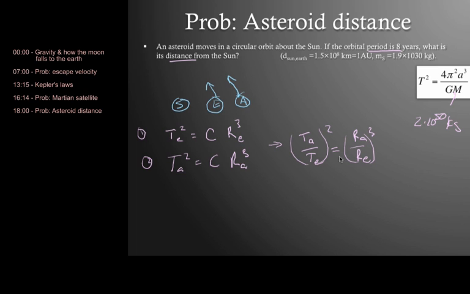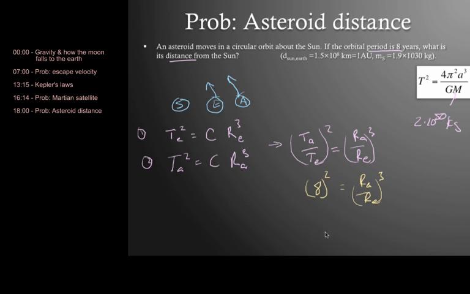What I know is that the orbital period of this guy is 8 years. So what is the orbital period of the Earth? That's 1 year. So then this quantity is 8 squared. And then what I want to know is RA, and then I'm dividing by RE.